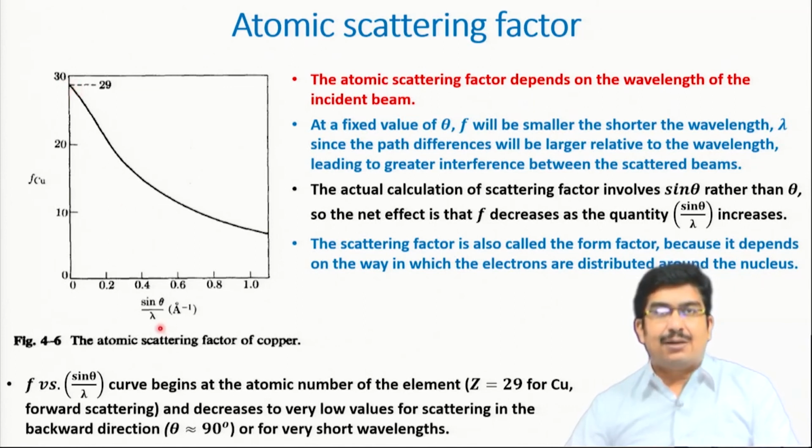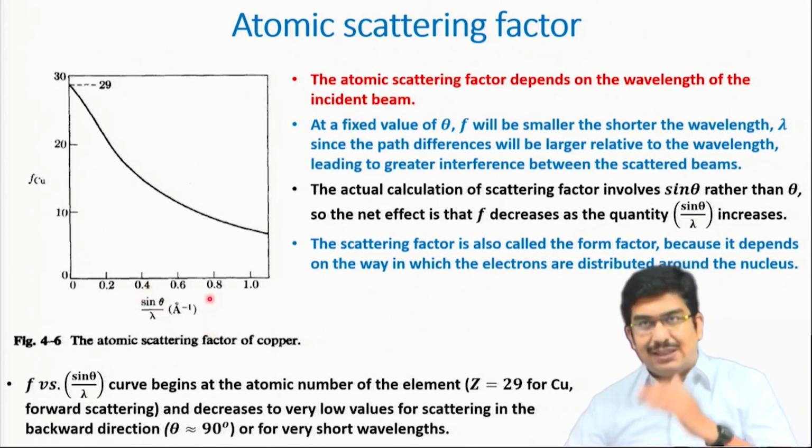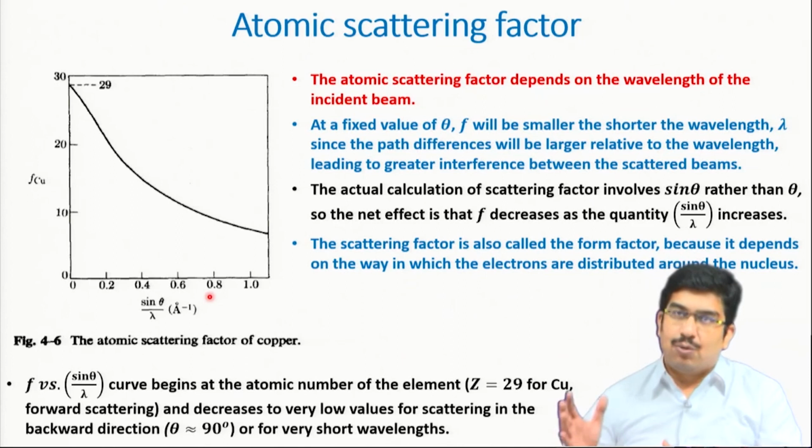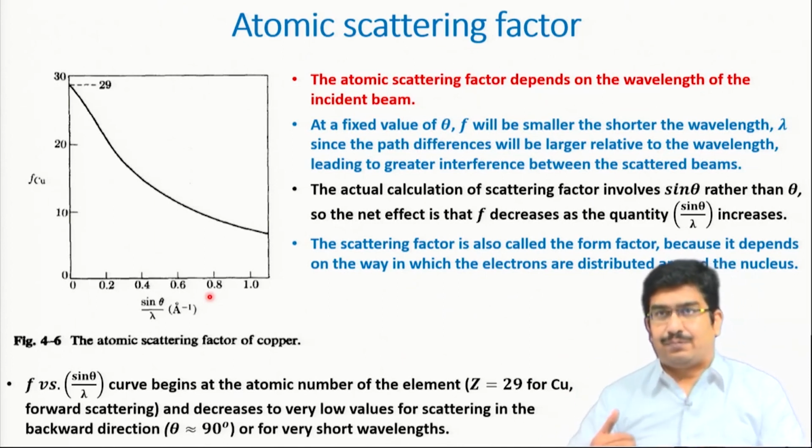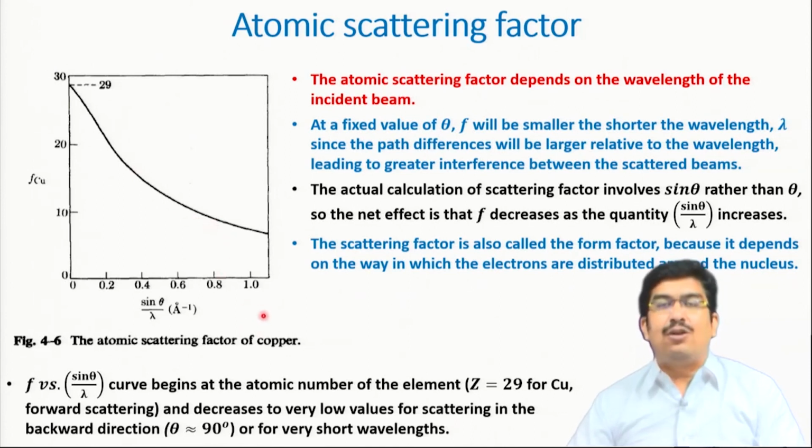Then as sin theta by lambda increases, as we go away, sin theta is increasing and lambda is decreasing, so as we go away from the forward direction, the atomic scattering factor continuously decreases, and finally it decreases to a very low value in the backward direction, that is when 2 theta equals 180 degrees, meaning theta equals 90 degrees.